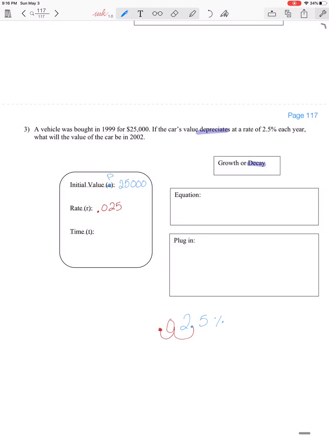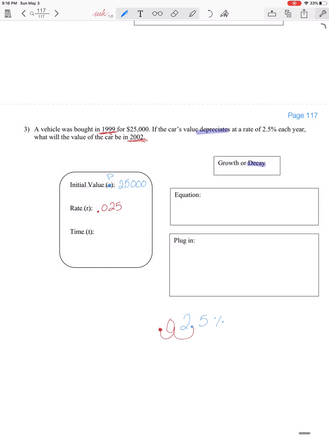Now, they don't give us time. But they tell me the car was bought in 1999 and they want to know in 2002 what the cost of the car would be. So we have to figure out how many years are between 1999 and 2002.